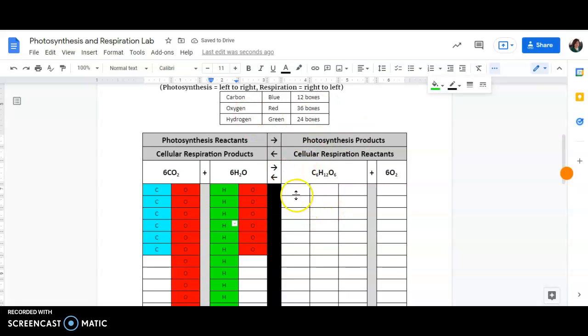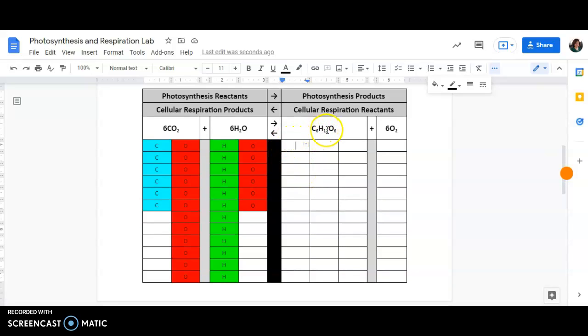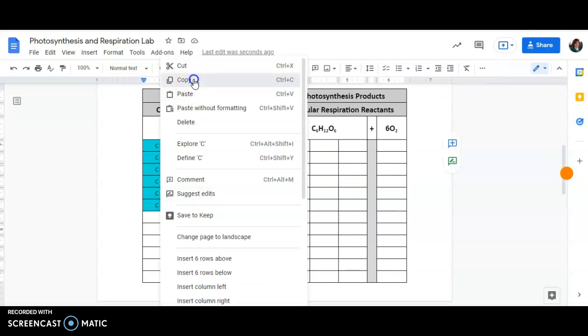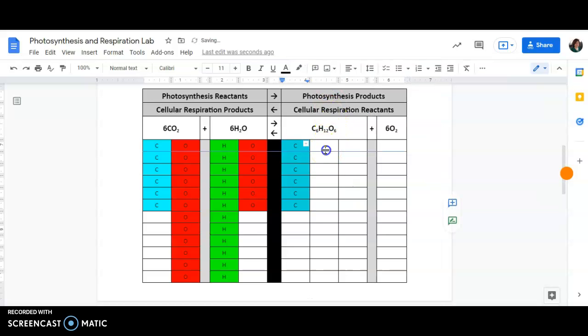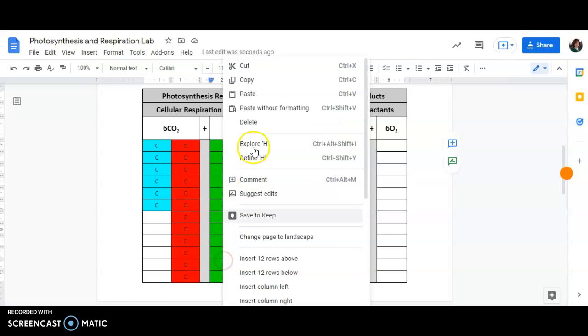Now I'm on the other side. This one is pretty straightforward. This is glucose, and it literally tells me how many of each letter there are, and there's not a number in front, so I don't have to multiply anything. So I have 6 carbon, 12 hydrogen, and 6 oxygen. Since I've already typed that, I'm just going to put those in there. I have 12 hydrogen, which I've already done.